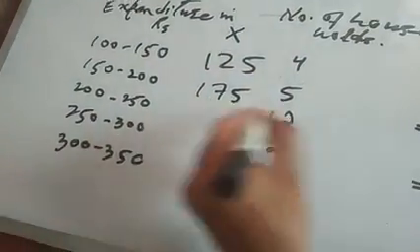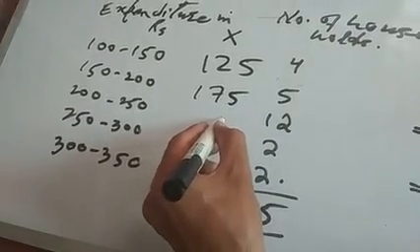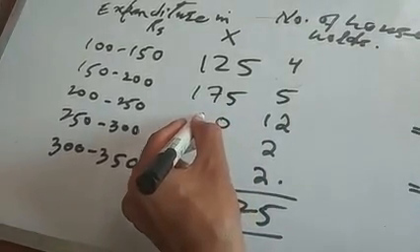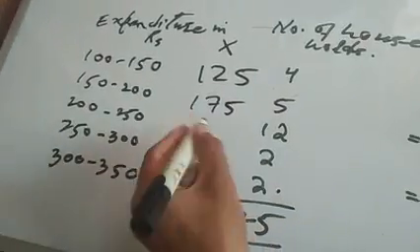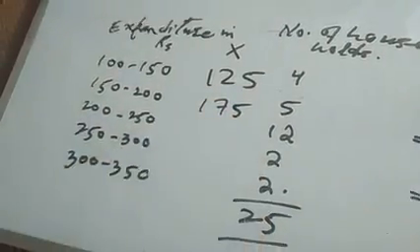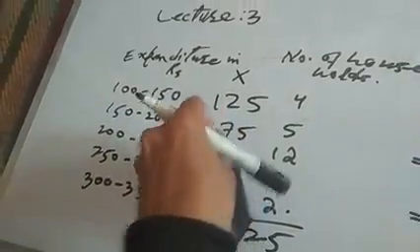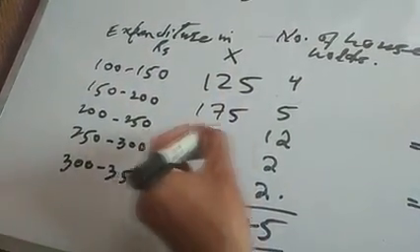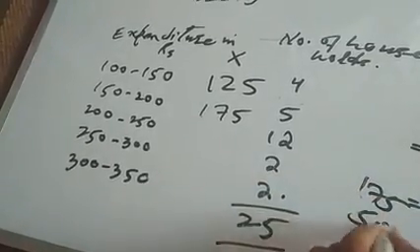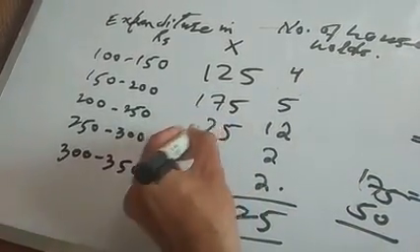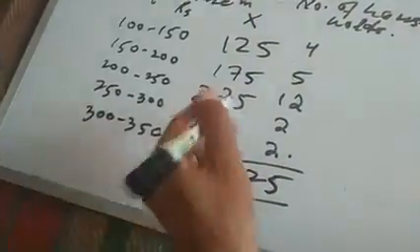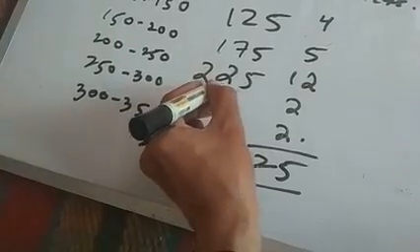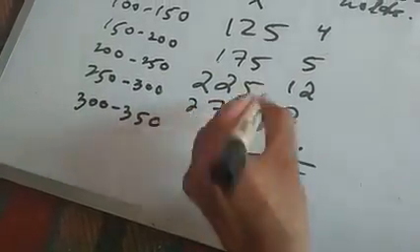When I add 50 to 175, I will get 225. When I add 50 to 225, I will get 275.